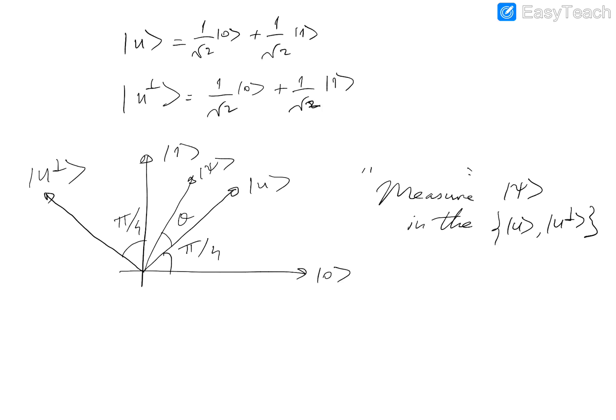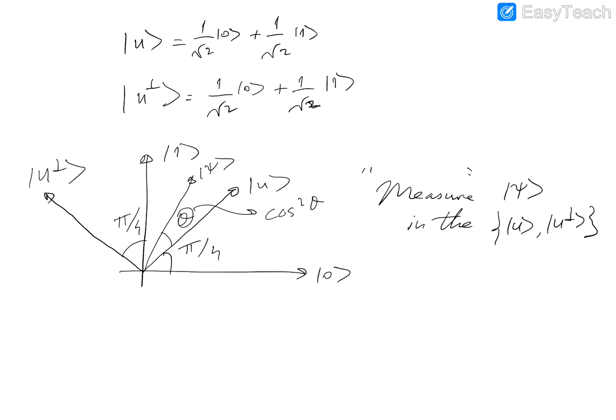Now we get, as an outcome, u with probability what? With probability cosine squared theta, right? Or we get u perp with probability sine squared theta.